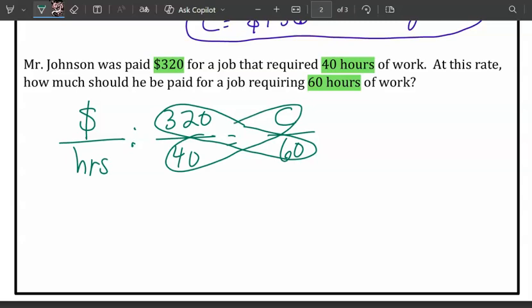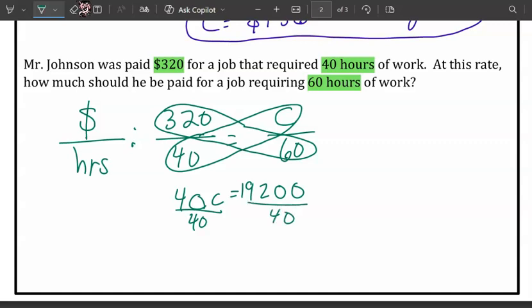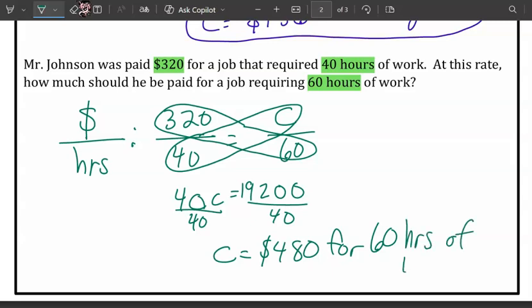Cross multiply. 40C equals 19,200. Divide each side by 40. C equals $480 for 60 hours of work.